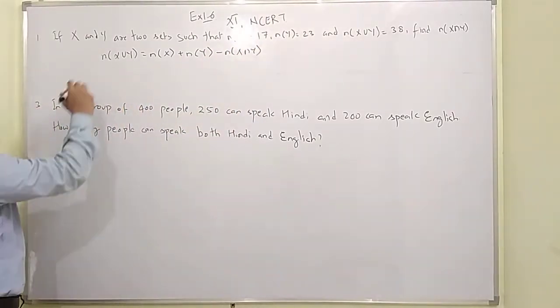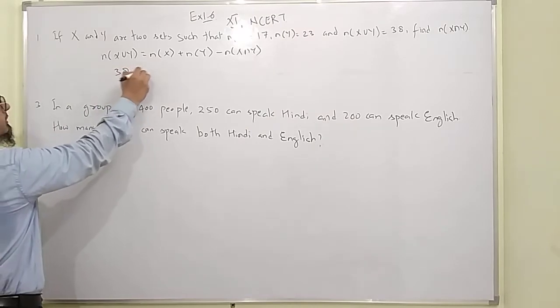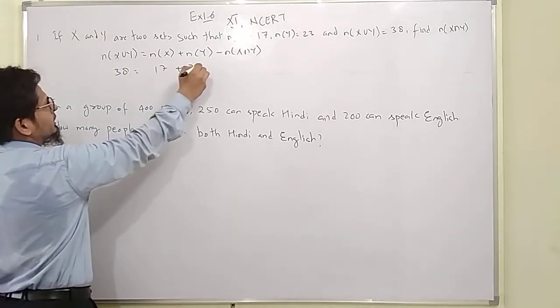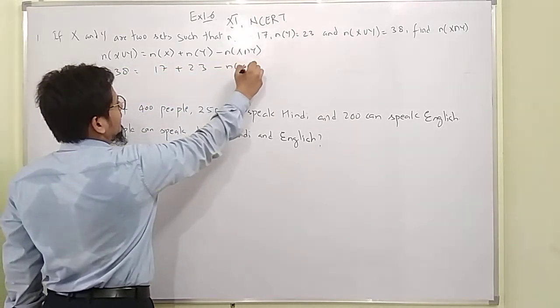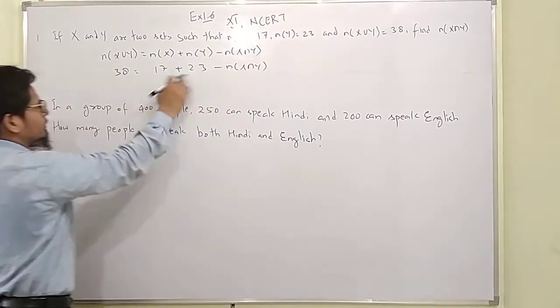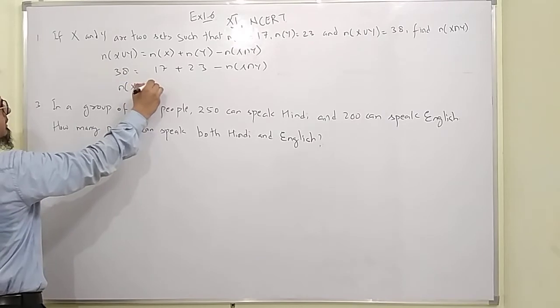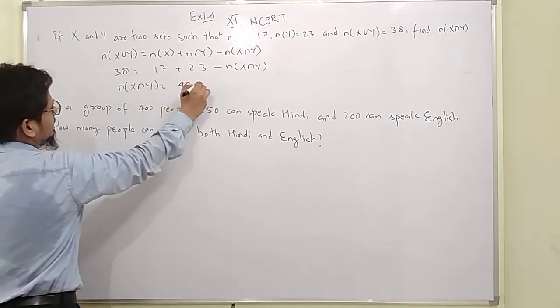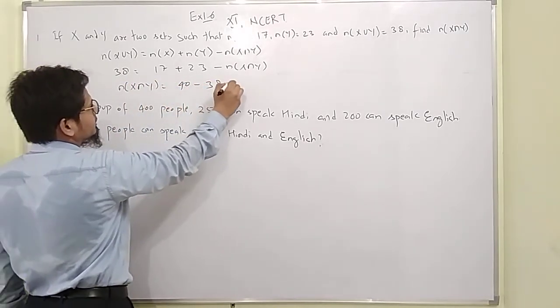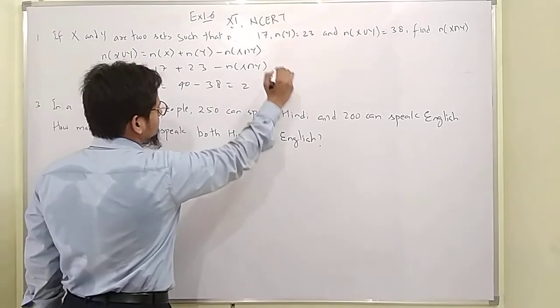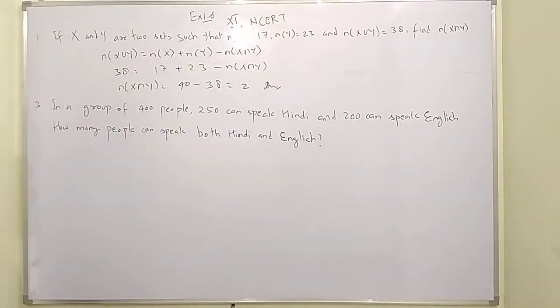Now put the values: 38 is 17 plus 23, which is 40, minus n(X intersection Y). So n(X intersection Y) is 40 minus 38, which is 2. The answer is 2.